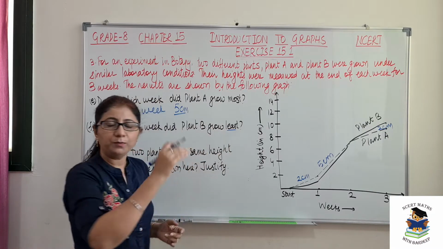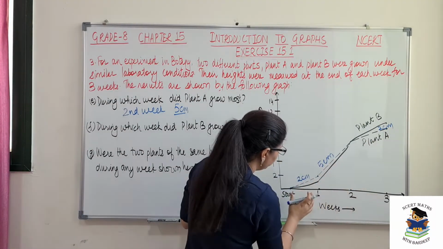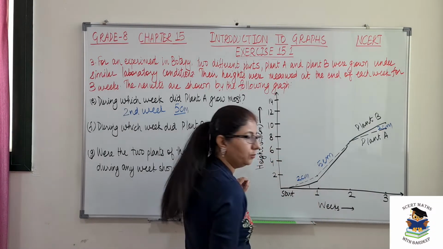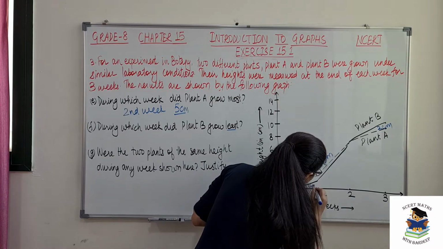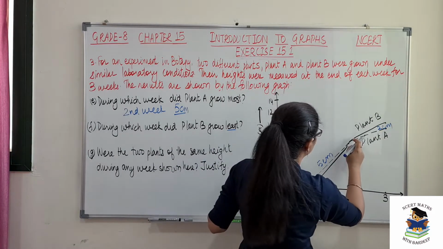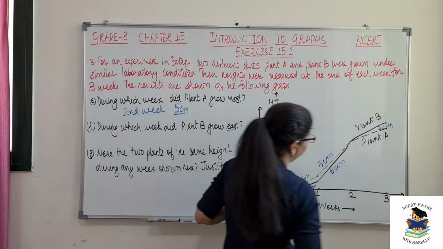F part says during which week did plant B grow least? Now it is least means minimum height change. So for plant B, for the first week this is from 0 to 1, that is only 1 centimeter difference. For second week this is 1 to 7, that is 6 centimeter height difference.